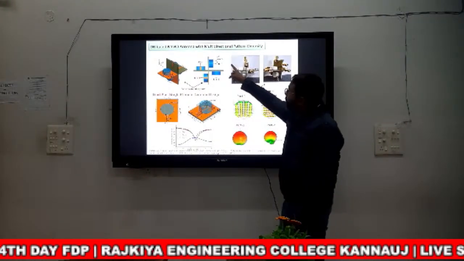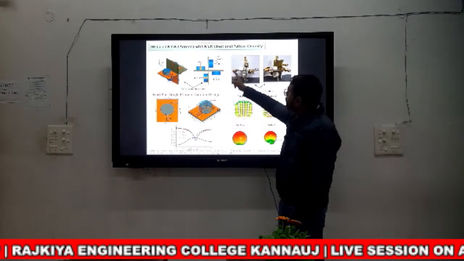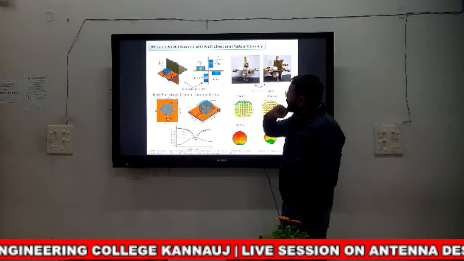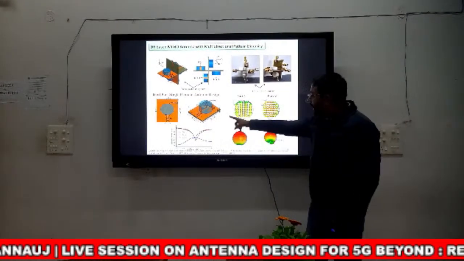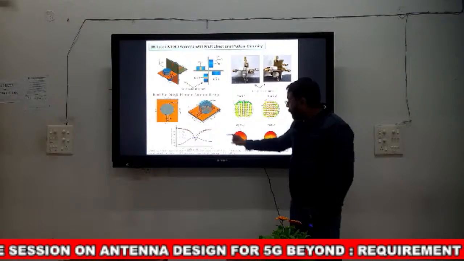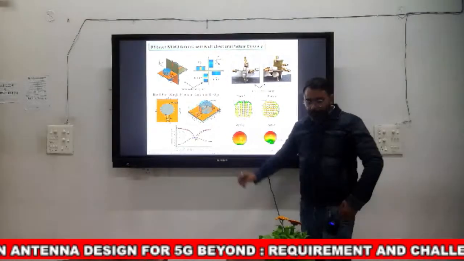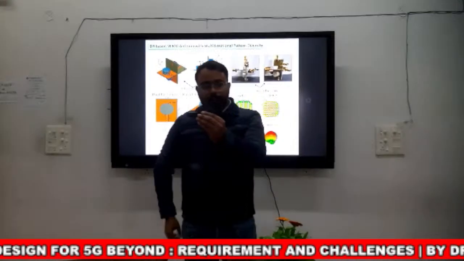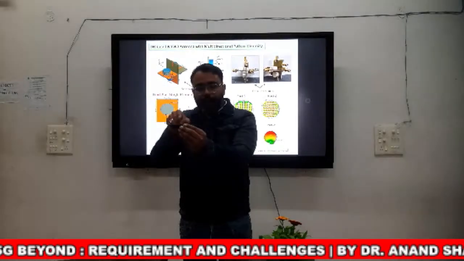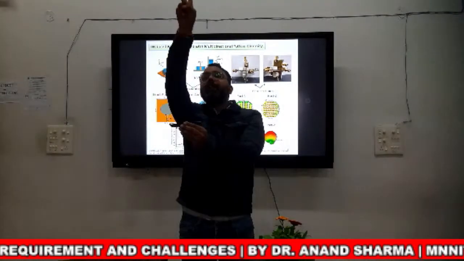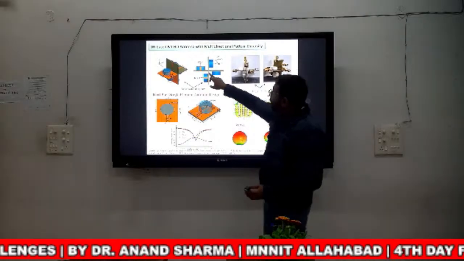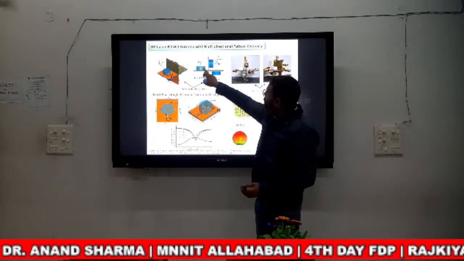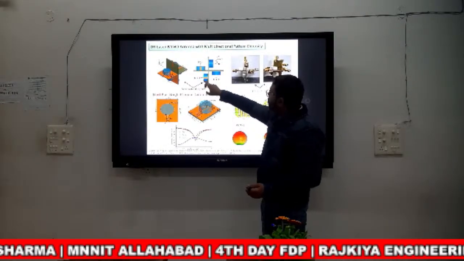I have designed my antenna, and if you see the far field of this antenna, it is broadside. That means this is your radiator, and it radiates in this direction. I have designed it in this way: DR1, DR2, DR3, DR4.